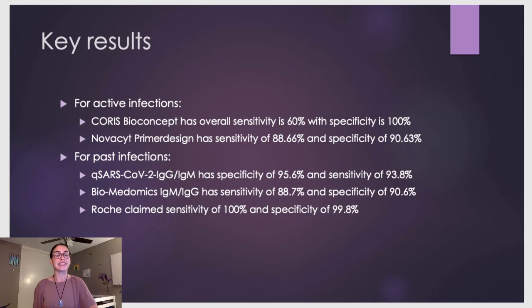Biometomix has sensitivity of 88.7% and specificity of 90%. And Roche claimed to have sensitivity of 100% and specificity of 99.8%. Next, we will discuss the remaining challenges that persist over COVID-19 testing.